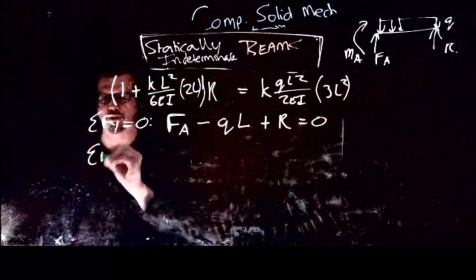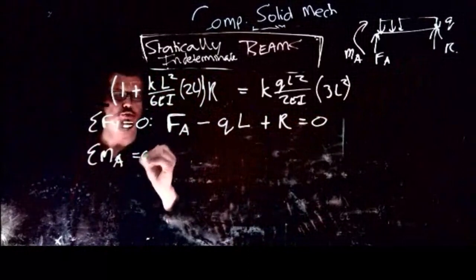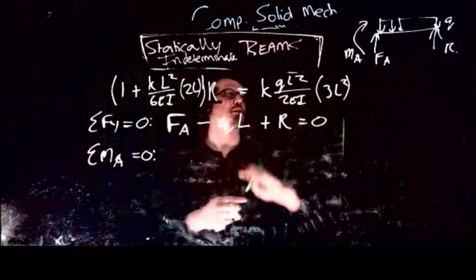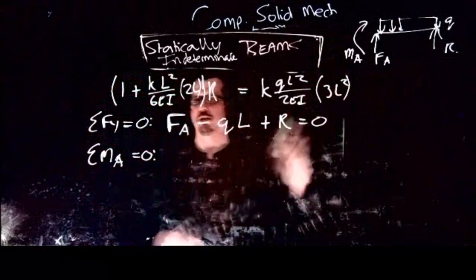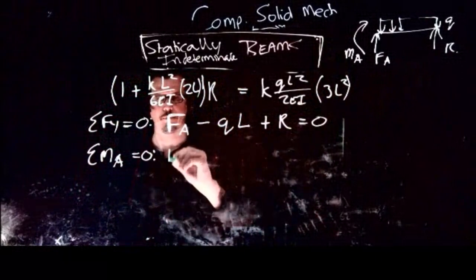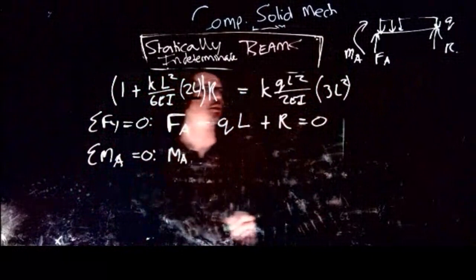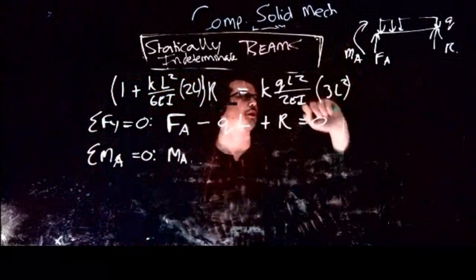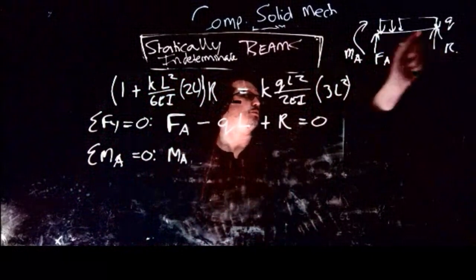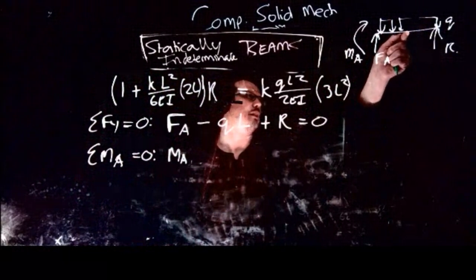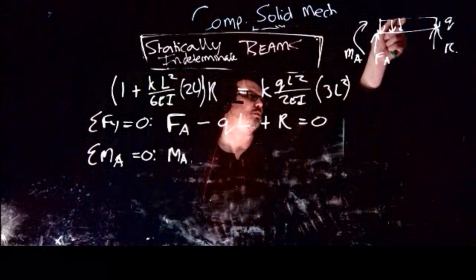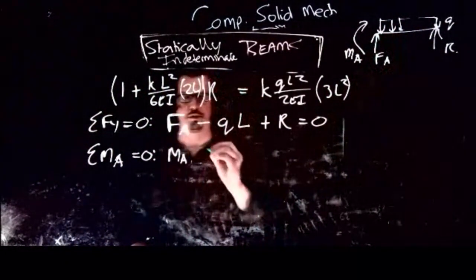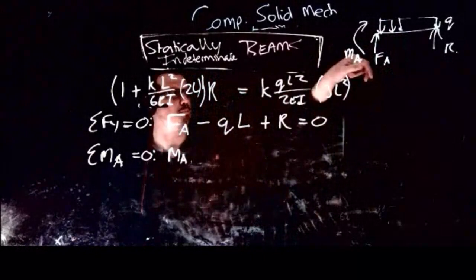And then the sum of moments around A should also be 0. If you think about MA as positive, it is considered positive in our notation. FA has no moment arm. Then Q times L times L over 2: it's a uniform load, so the force acts in the middle, and that will also be in the positive direction.